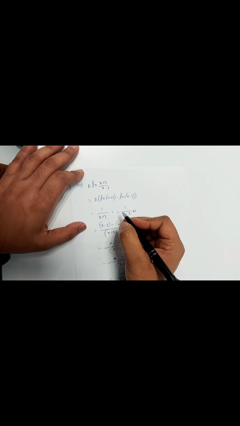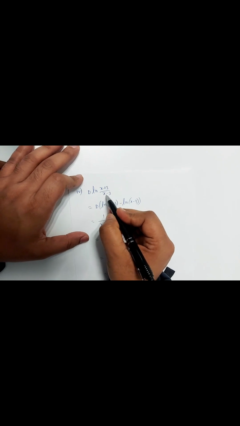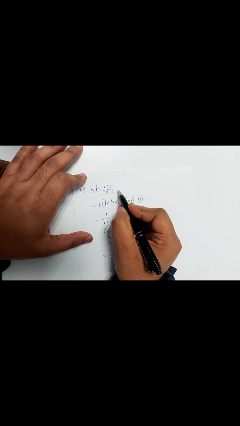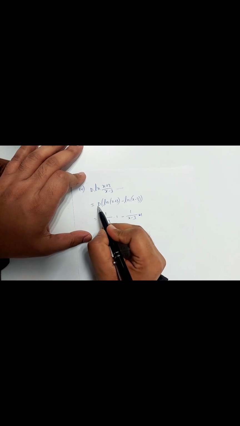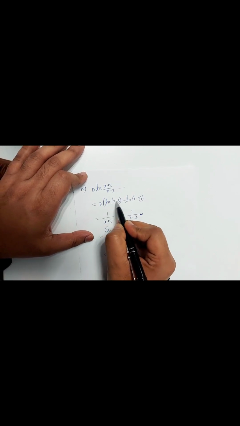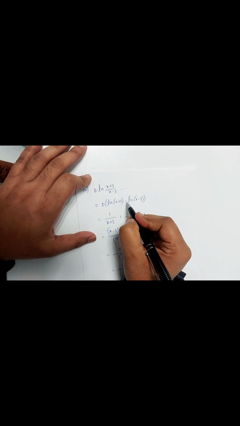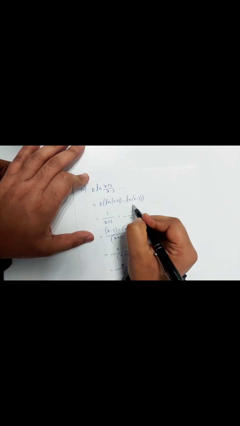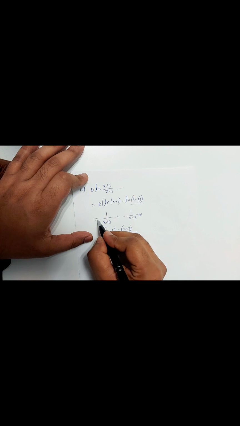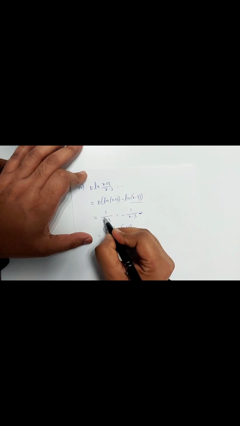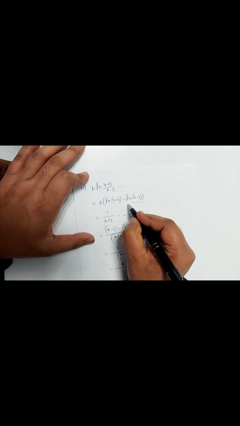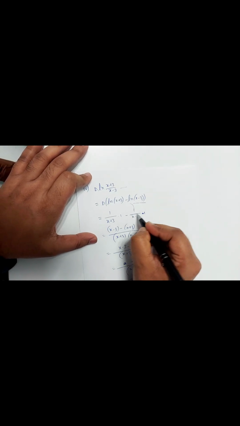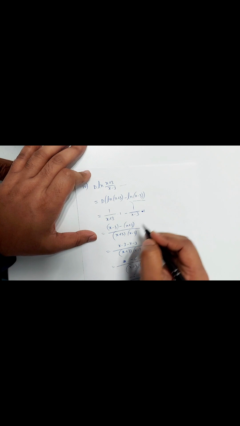And the last one, d of ln of x plus 3 divided by x minus 3 is the question. Now we are solving d of ln x plus 3 minus ln x minus 3 from the formula, and we get 1 divided by x plus 3 into 1 minus 1 divided by x minus 3 into 1.